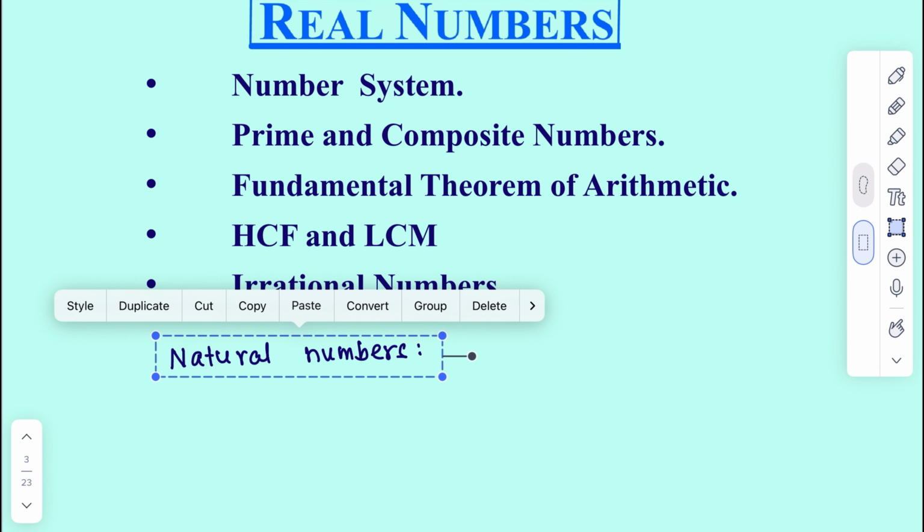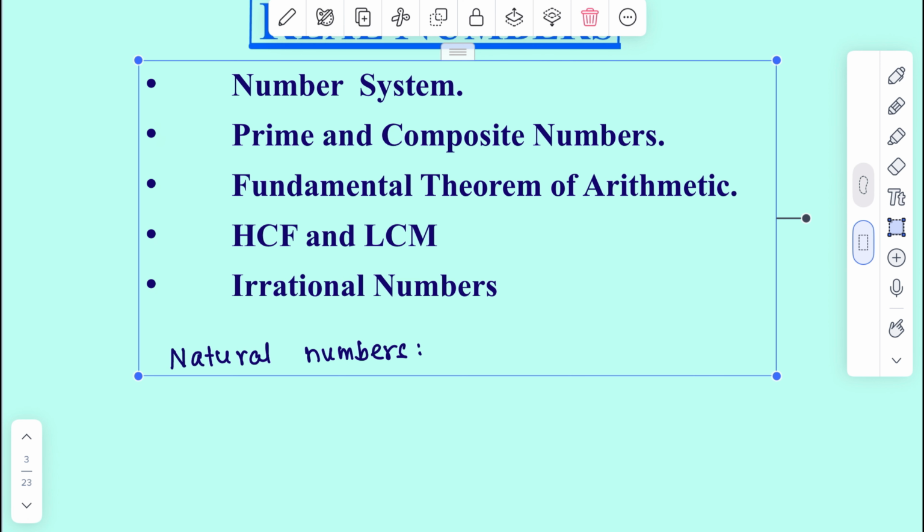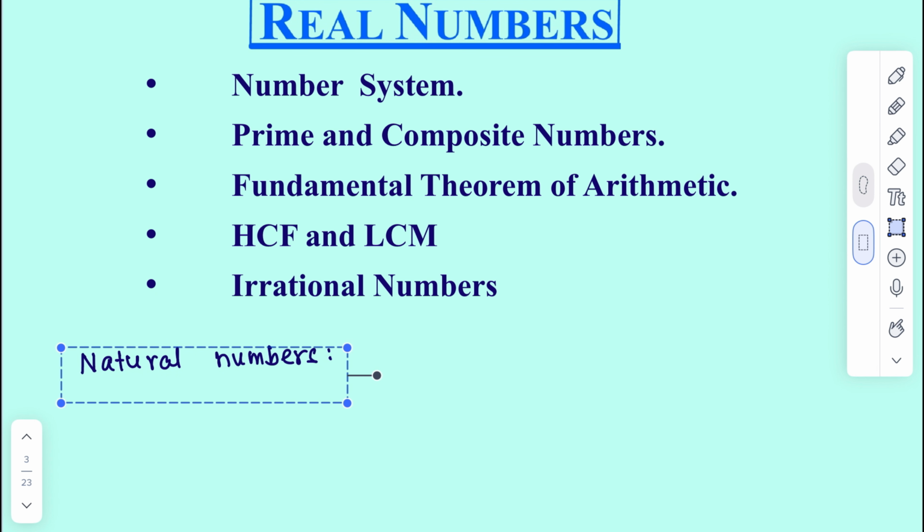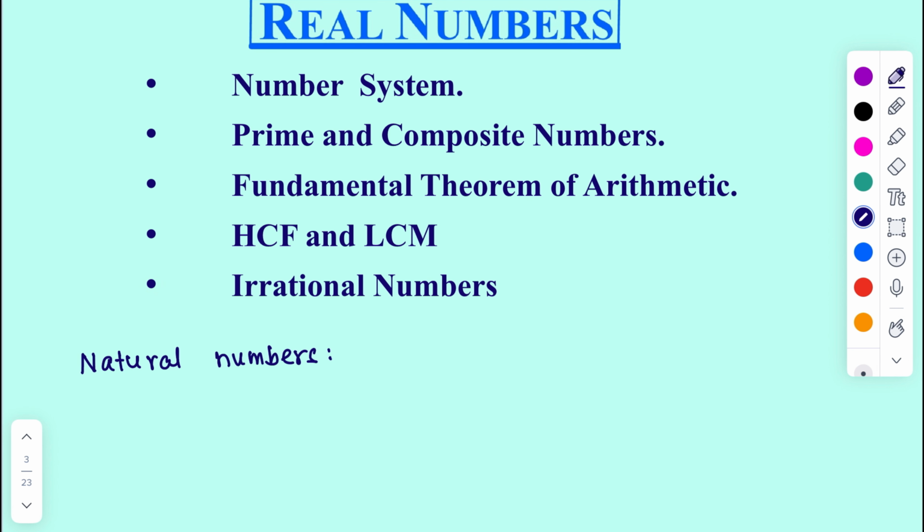Natural numbers start from 1, and go 1, 2, 3 in this way. These are called natural numbers, and in higher classes we represent it as the N set.